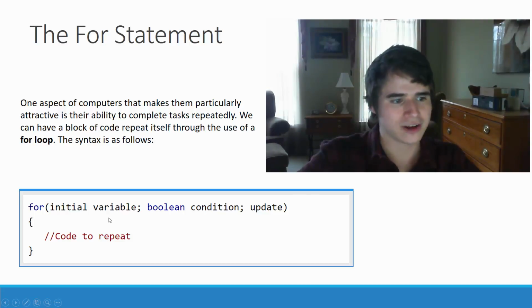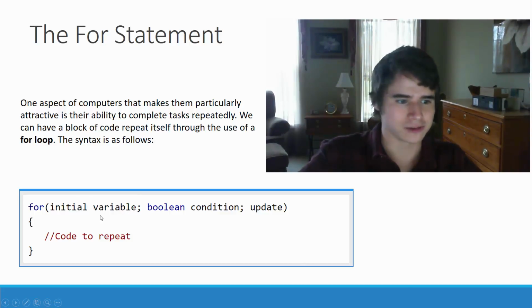So our initial variable is the variable value that we start the loop at. For example, we could have an integer and set that value to 0, and then the Boolean condition is saying how long to run the loop for. So we could have our variable here, int i equals 0.